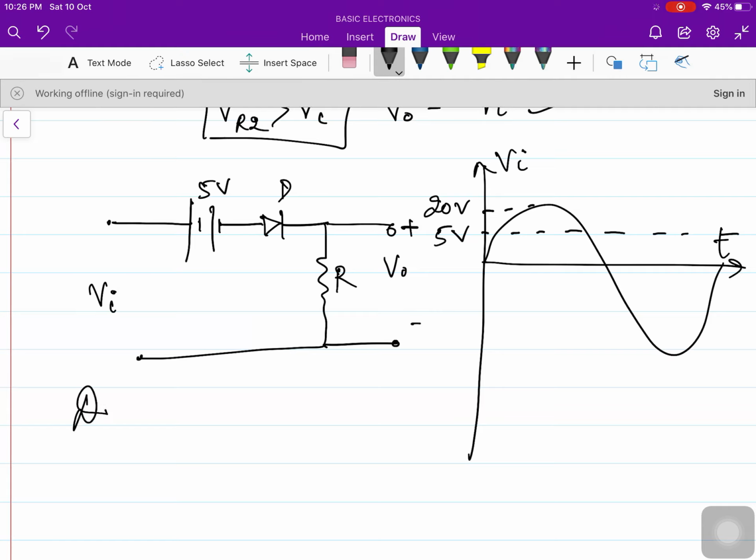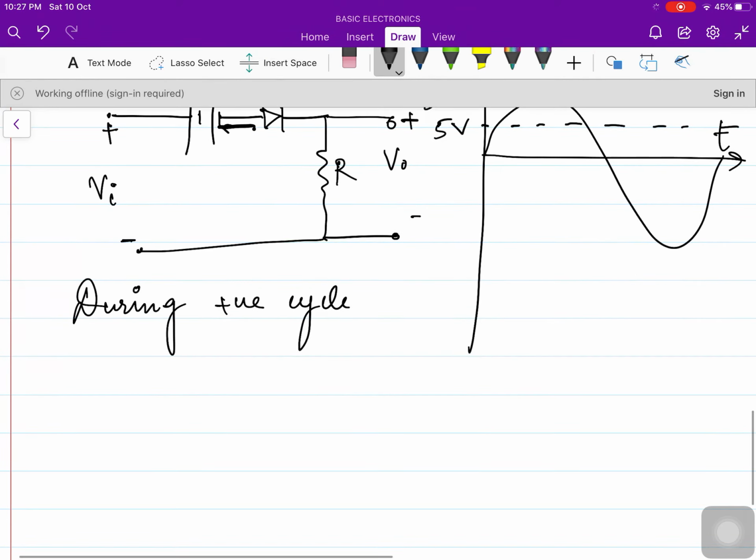Alright, let us analyze the circuit. First of all, as we do previously during positive cycle, just place the signs plus and minus. P is getting minus, P is getting minus, N is getting minus. So we need to make two cases, case 1 and case 2.